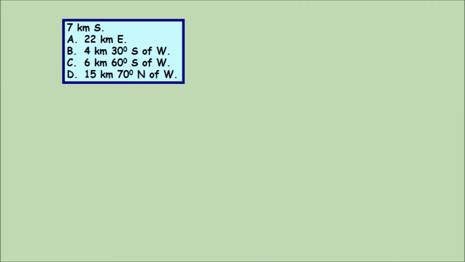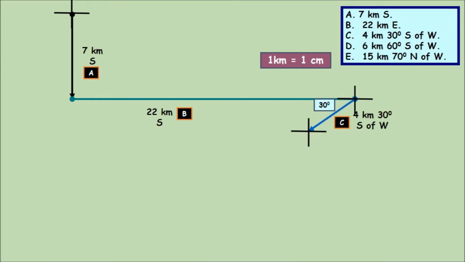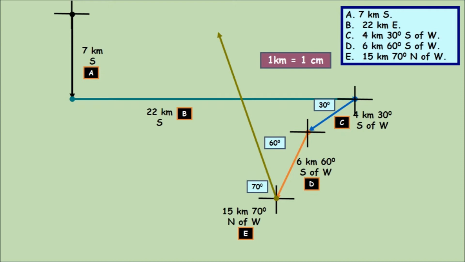And here's the first one: 7 kilometers south. That's A. Notice my 1 kilometer is 1 centimeter. Now I'm going to go 22 kilometers east, and those are my other vectors. Now C and D, and then E, which would be 70 degrees north of west. Remember, it's relative to the x-axis, and then there's my answer.